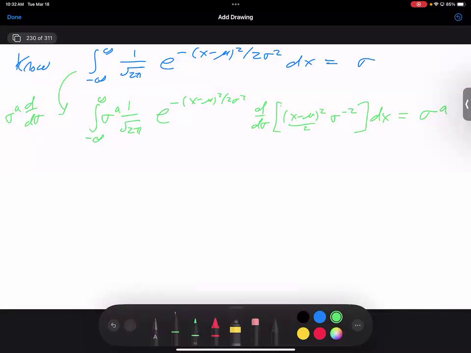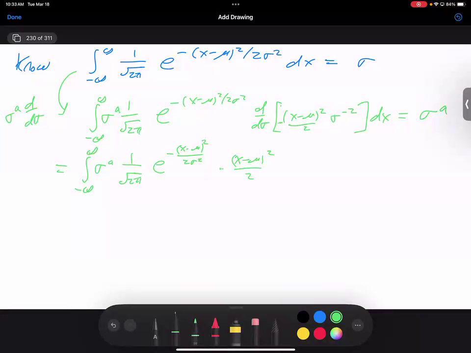Everything is fine. All right, so we get the integral from minus infinity to infinity, sigma to the a, 1 over square root of 2 pi, e to the negative x minus mu squared over 2 sigma squared. Then we have x minus mu squared over 2, because, oh, I'm sorry, there's also a minus sign here.